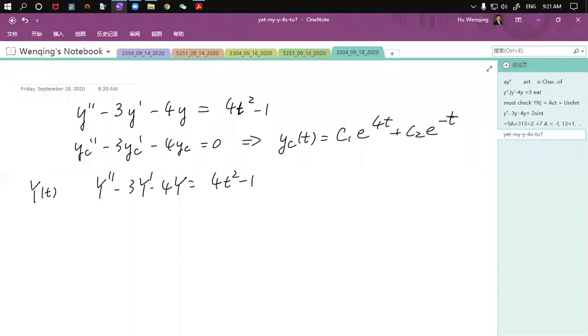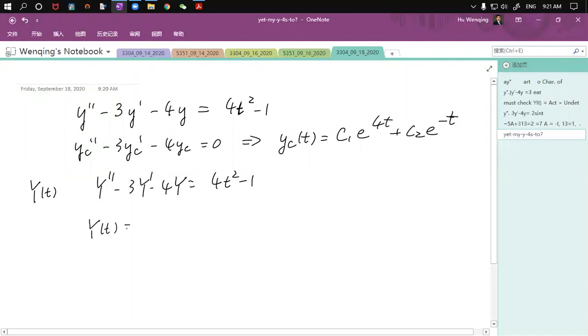For what function you learned in calculus does taking a derivative reach a polynomial? The only possibility is a polynomial. Only polynomials, when derivatives are taken, are going to be polynomials. Is that good? So now we're going to try a polynomial.